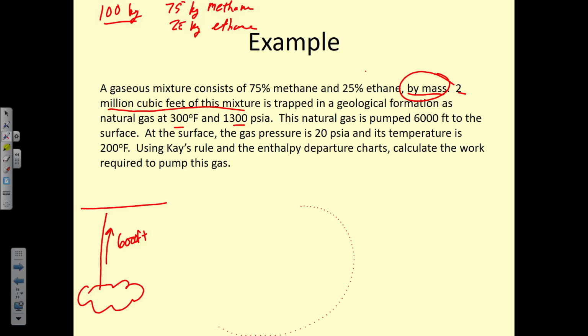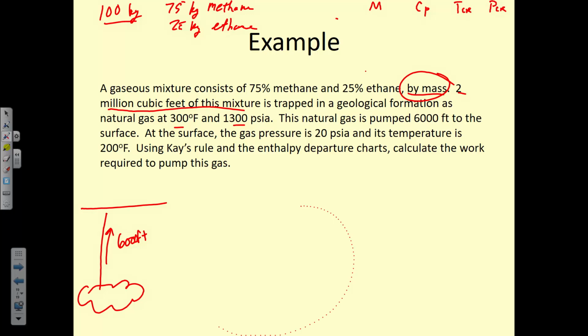Awesome. Okay, so now we go to table A1E, which is the English units, and we have to look up some of these properties. So we're going to look up the molar mass, C sub P, which comes from table A2, T critical and P critical.